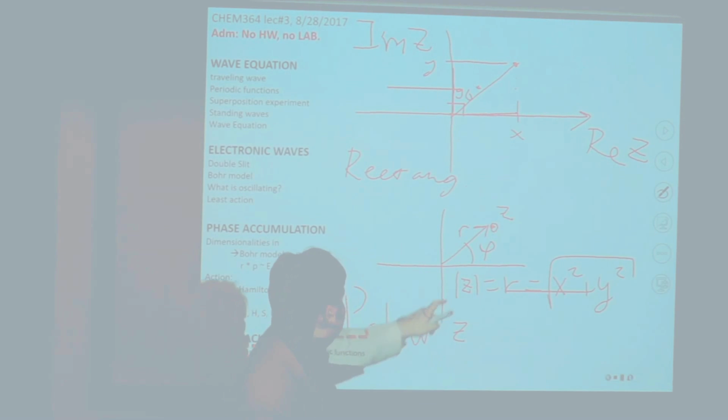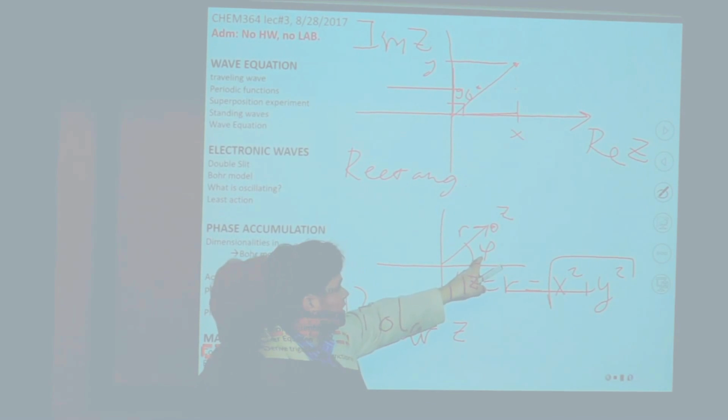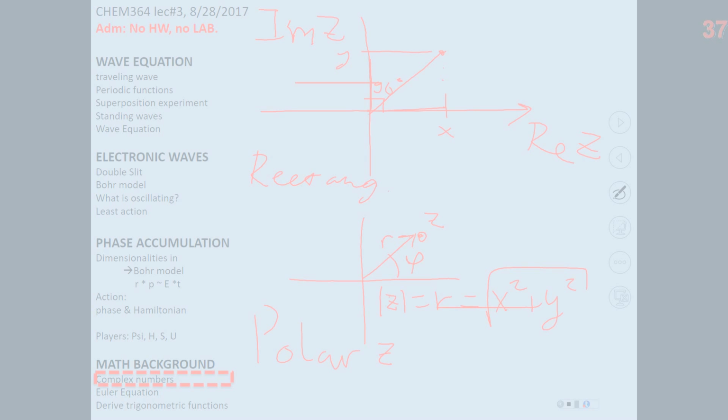Instead of the angle, one can speak about sine and cosine of this angle. So the x will be this distance times cosine of phi, and y will be this distance times sine of phi, right?